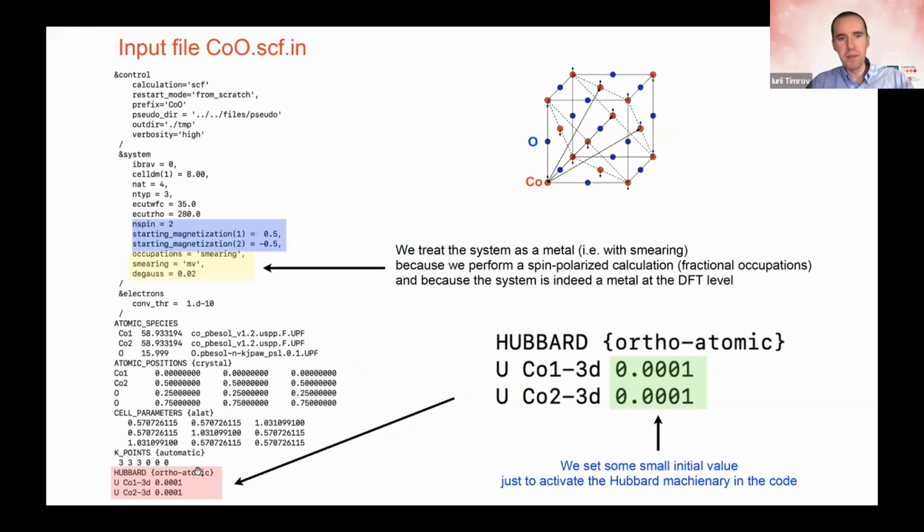Here, we already are familiar with the Hubbard card. We just initialize the U values to some small numbers just to initialize the Hubbard machinery, because later we want to compute the Hubbard parameters. So we need to inform the code somehow that we are doing a DFT plus U calculation, even though the U is essentially vanishing.